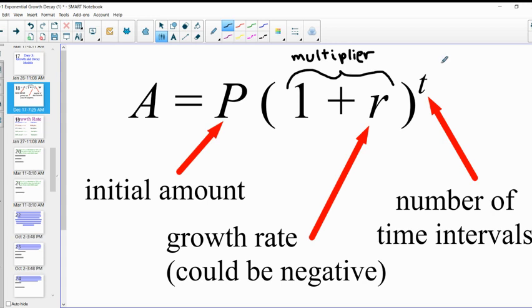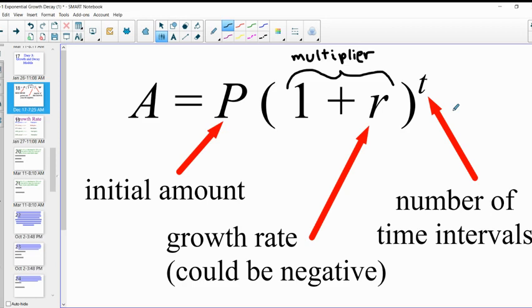And then instead of x, we've got t. And the letter T is used for what we're doing now because T can stand for time. Now, I've got written the number of time intervals, and this is something that maybe came up in the assignment that was due on Wednesday, because sometimes the number of time intervals wasn't necessarily the amount of time.